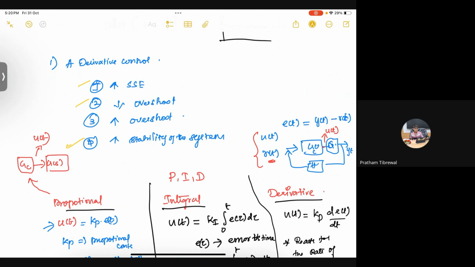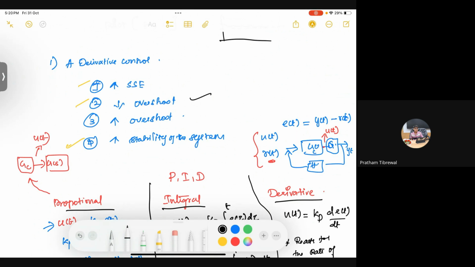It will decrease the overshoot, so option 2 is correct. And steady state error, it will not affect steady state error. And stability, I guess 4 is also right. Yes, stability is also increased. And everybody else is agreeing with this?